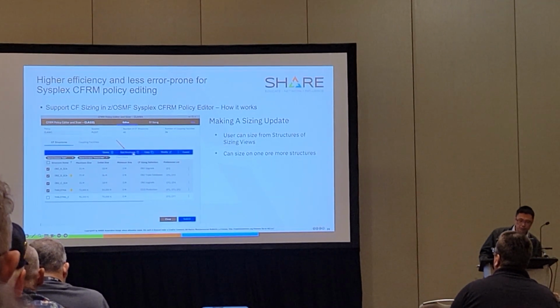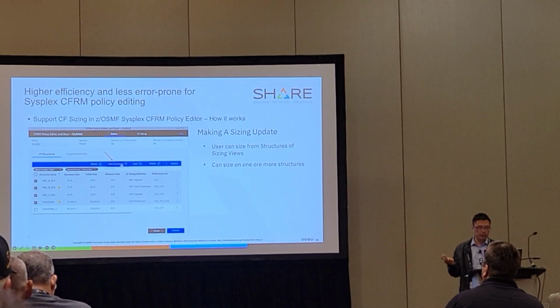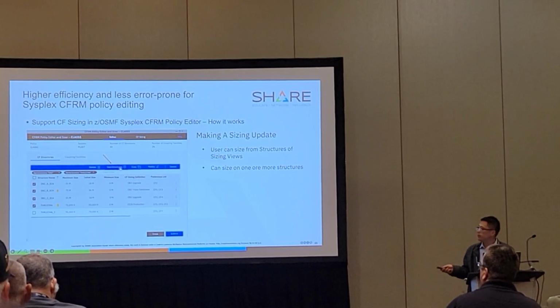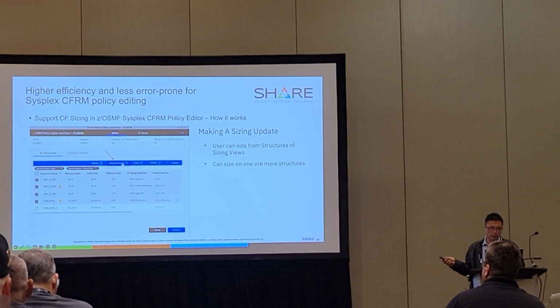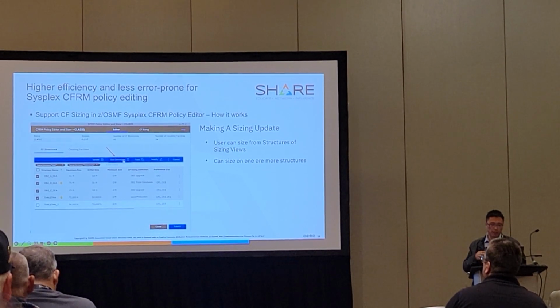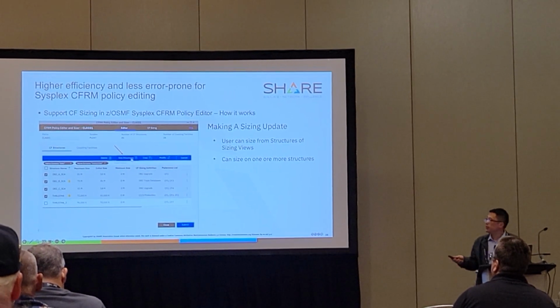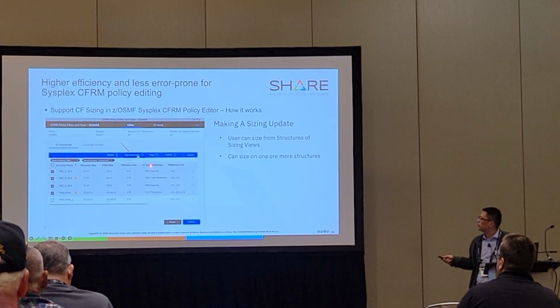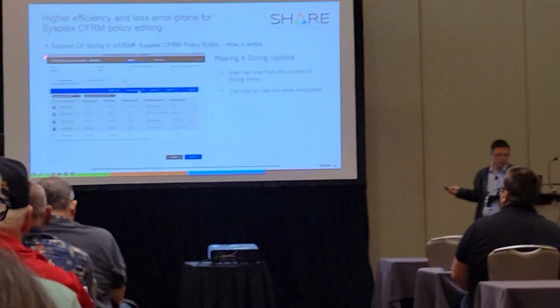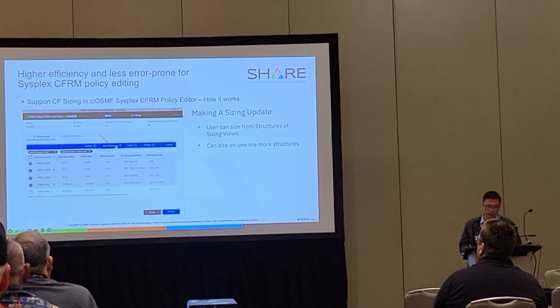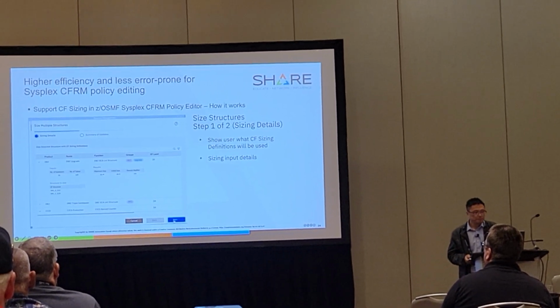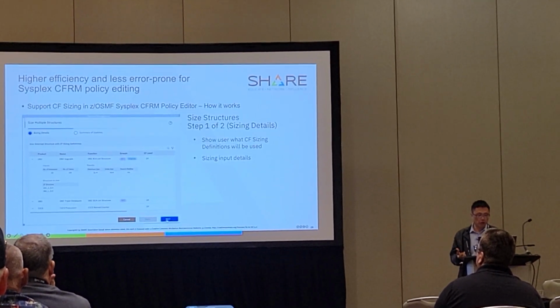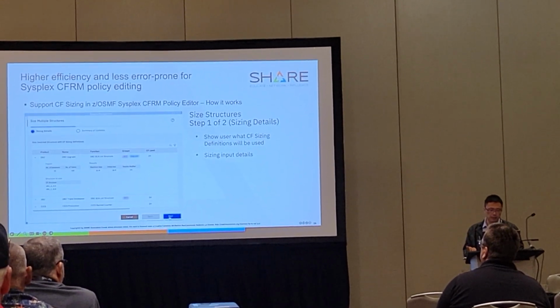Once you associate the sizing definition with structures, then back in the CFRM policy editor, where we display the list of structures, you can select multiple structures and click on this blue button to size multiple structures at a time. We will pop up a dialog showing you the details of the sizing change.